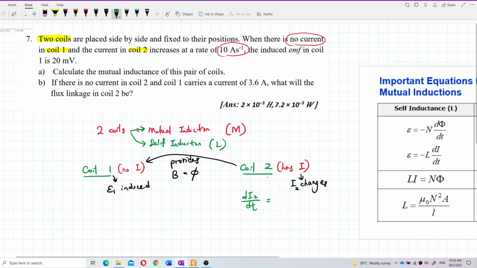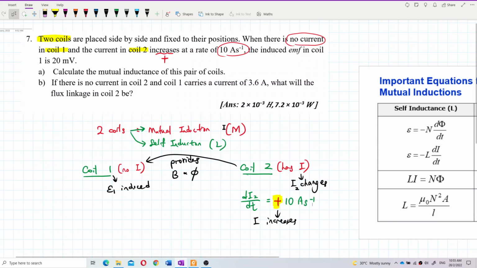Understand? You see here the word increases. Increases means it's positive: di over dt is positive, because the current increases. So it's a positive 10 ampere per second.